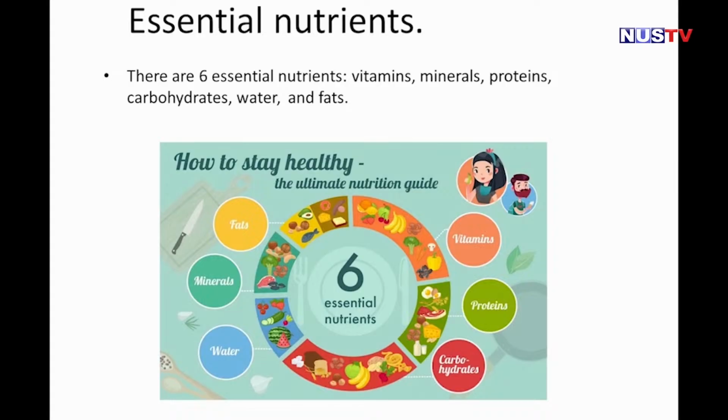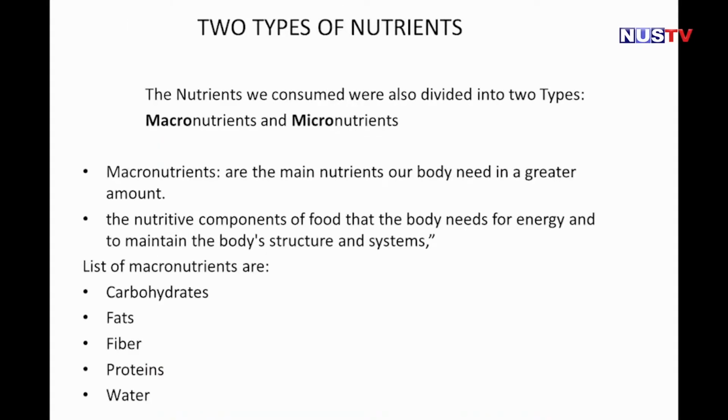From the 6 major nutrients we were talking about, they also can be divided into 2 main types of nutrients. Those are macronutrients and micronutrients. Before we continue, I want you to have a good understanding of these 2 words, especially their prefix, which are macro and micro.